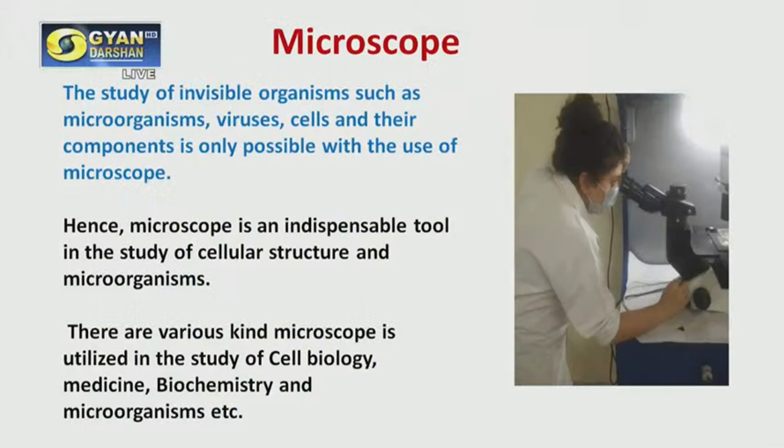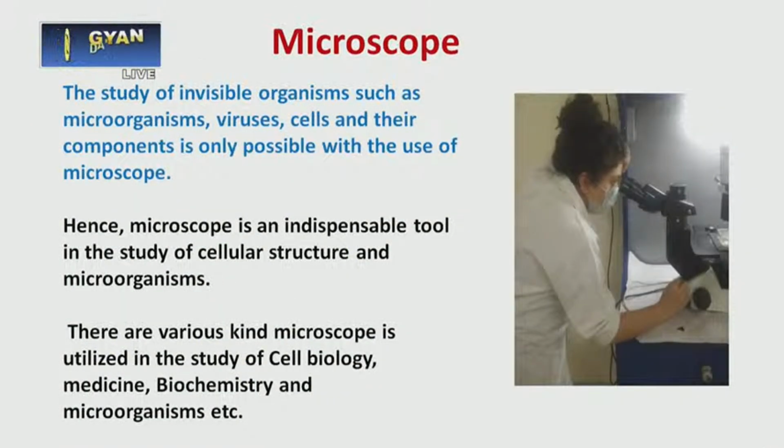This is a topic of scientific study, especially microscopy. Microscopy is the technique used for the visualization of smaller things. The study of invisible things like cells, viruses, bacteria, eukaryotic cells, plant cells and animal cells is possible with the use of the microscope, because in our world there are many things we cannot see with our eyes.